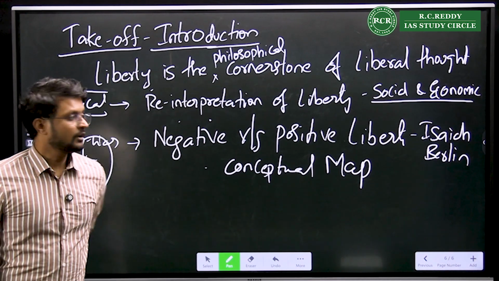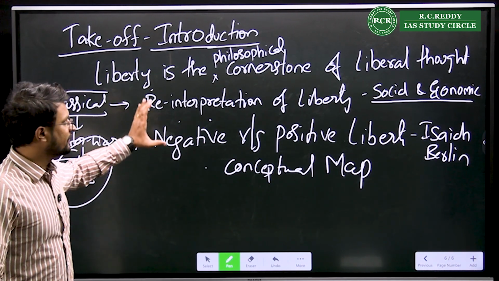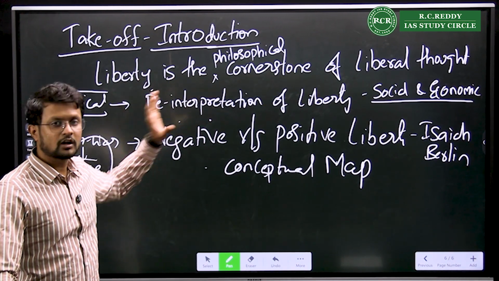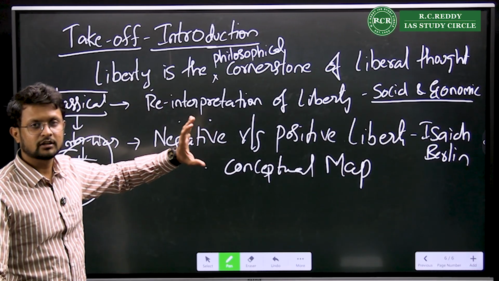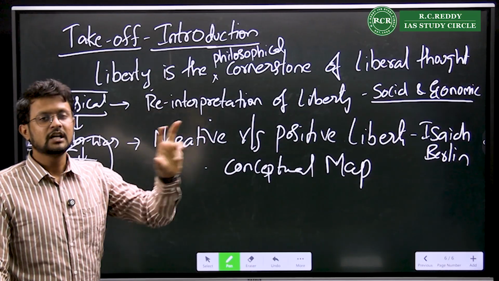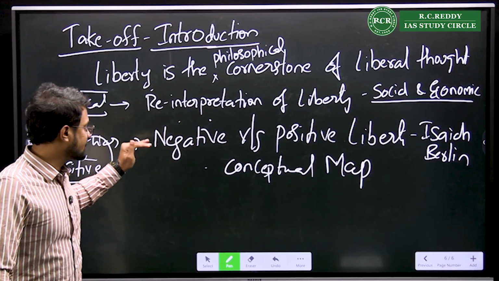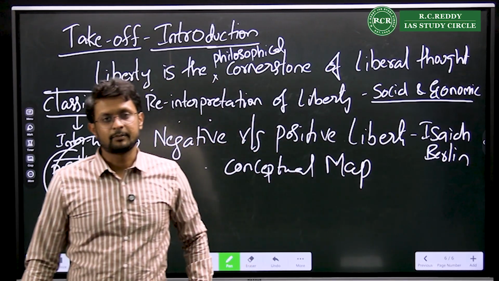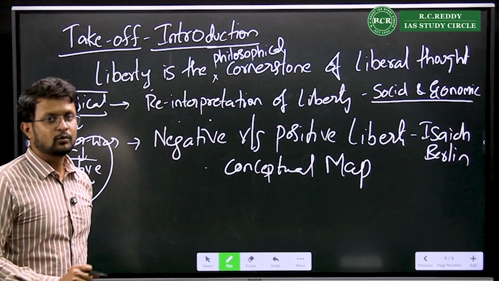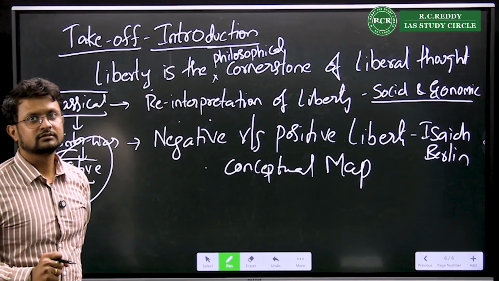Now with this takeoff, where we said that liberty is a philosophical cornerstone, that reinterpretation of liberty in socio-economic context gave rise to different schools, and that the interaction between negative and positive liberty is a conceptual map for liberal thought, is a very good setting for us in the introduction.